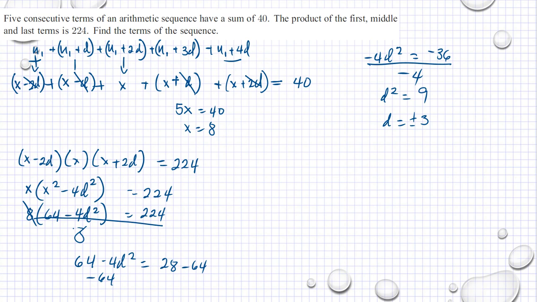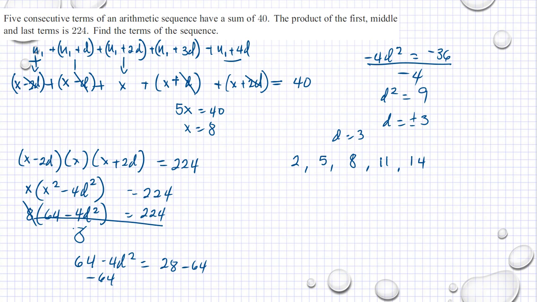So there are two possibilities. The middle is 8. If we use d is equal to 3, then the next one is 11, and then 14. And here we have minus 3, that's 5, and minus 3, that's 2.